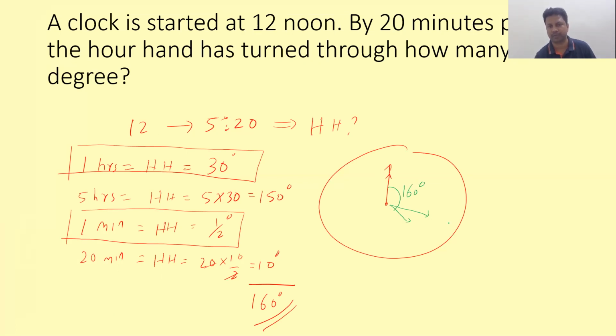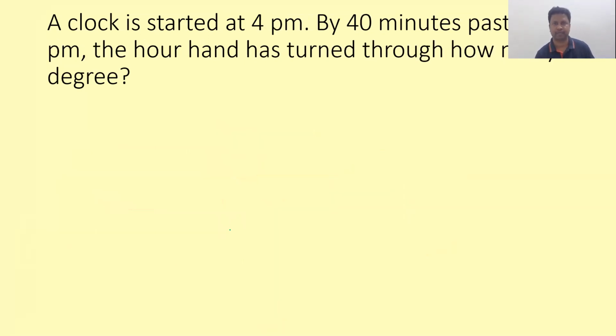From 12 to 5:20, the total degree movement of the hour hand is 160 degrees. Correct? So this conversion is very important. In 1 hour, the hour hand moves 30 degrees. In 1 minute, the hour hand moves half a degree. Memorize this, and you can do this question.